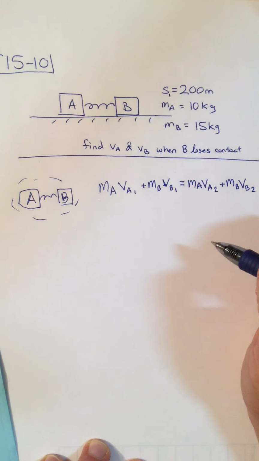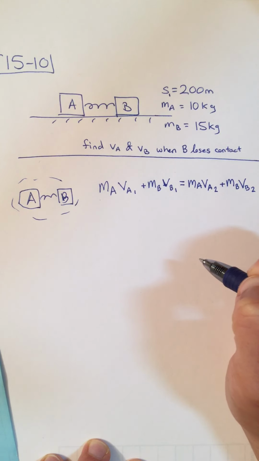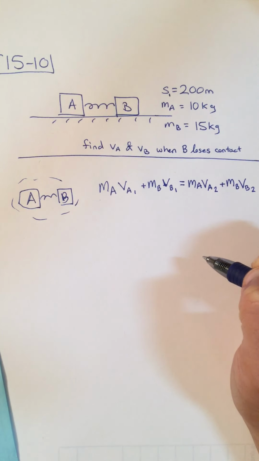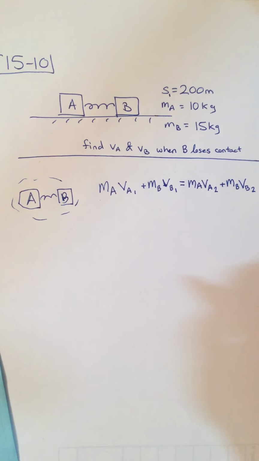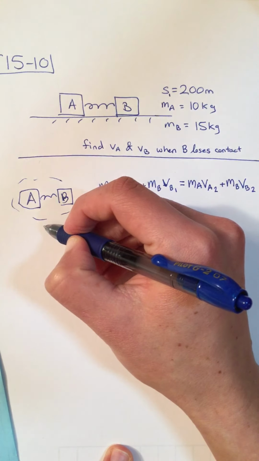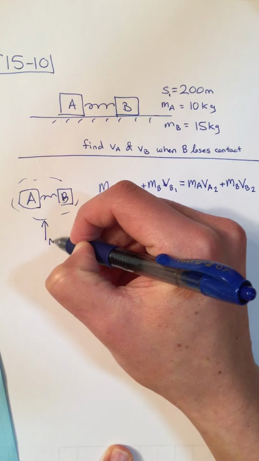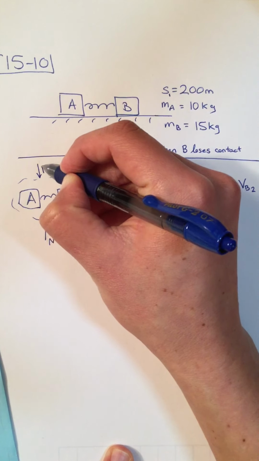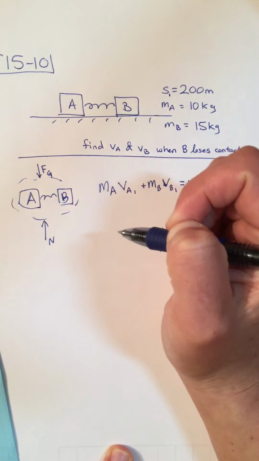And also we can use the conservation of energy, and I think we are supposed to assume in this problem that the surface is smooth, and so we only have the normal force acting upwards and the force of gravity acting downwards.